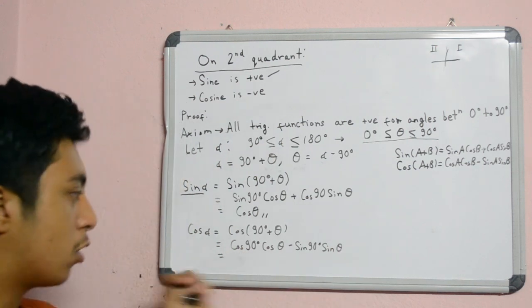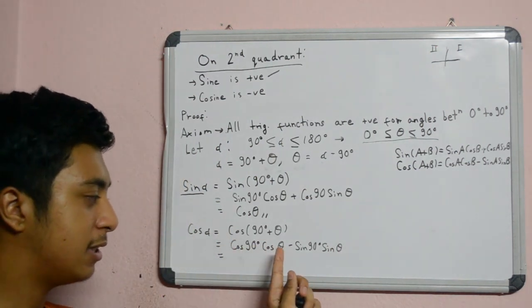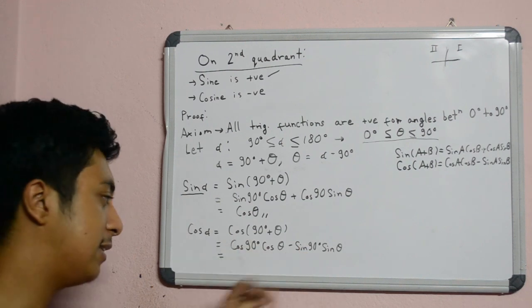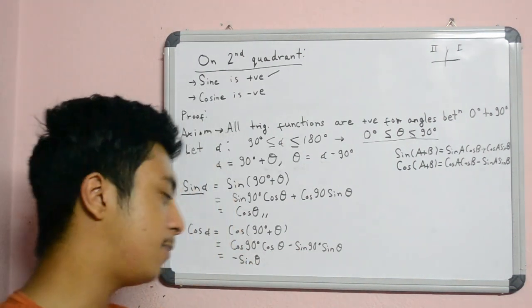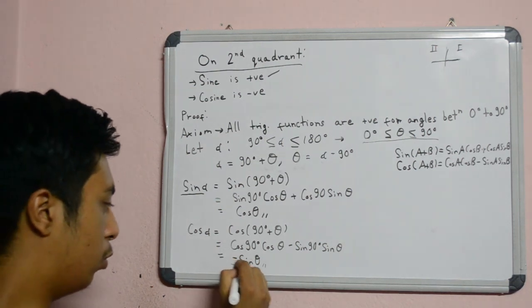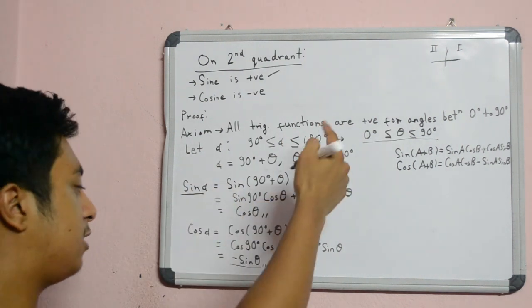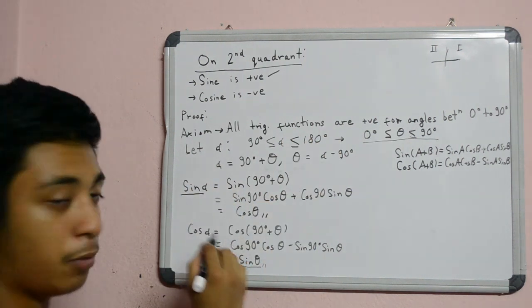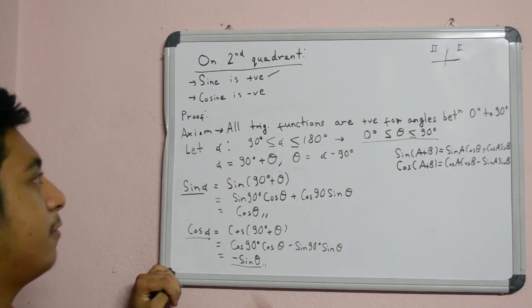Now cos 90 we know is 0, so this whole term is 0, minus sine 90, which is 1, multiplied by that, giving minus sine theta. Now I don't think I need to explain again why sine theta is always positive from this axiom, and since negative times positive is negative, that means cos alpha is negative for the second quadrant.